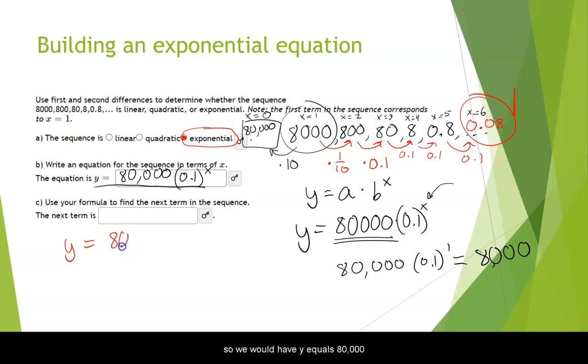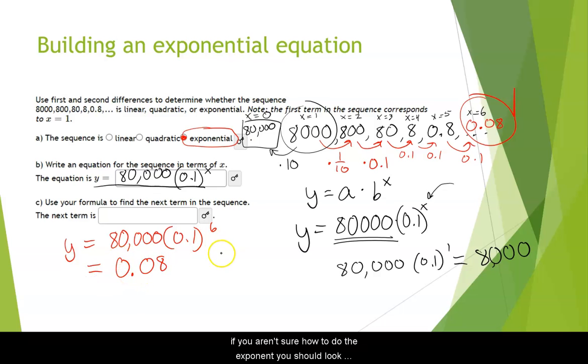So we would have y equals 80,000 times 0.1 raised to the 6th power. Plugging that into your calculator, we do indeed get 0.08. By the way, if you aren't sure how to do the exponent, you should look for the caret button on your calculator. That should raise it to that power. So our answer here is 0.08.